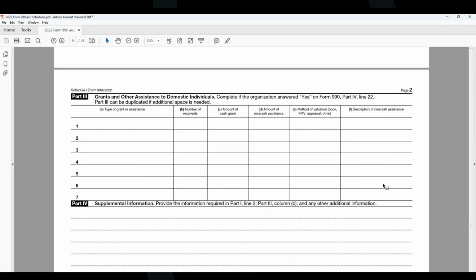That is Schedule I, and if your organization is providing grants or other assistance to foreign organizations or individuals, that's reported on a separate schedule, Schedule F. We won't be going over that today because it's not as common, but the information is fairly similar.